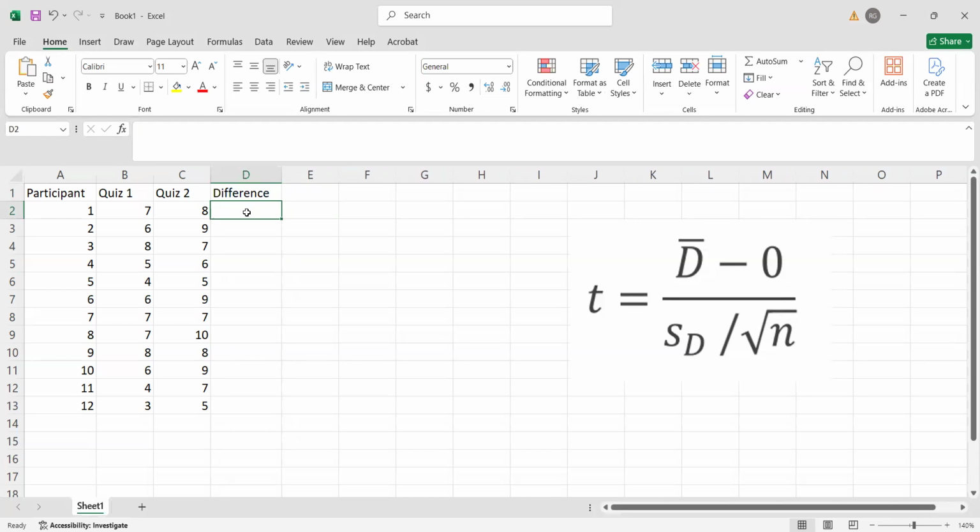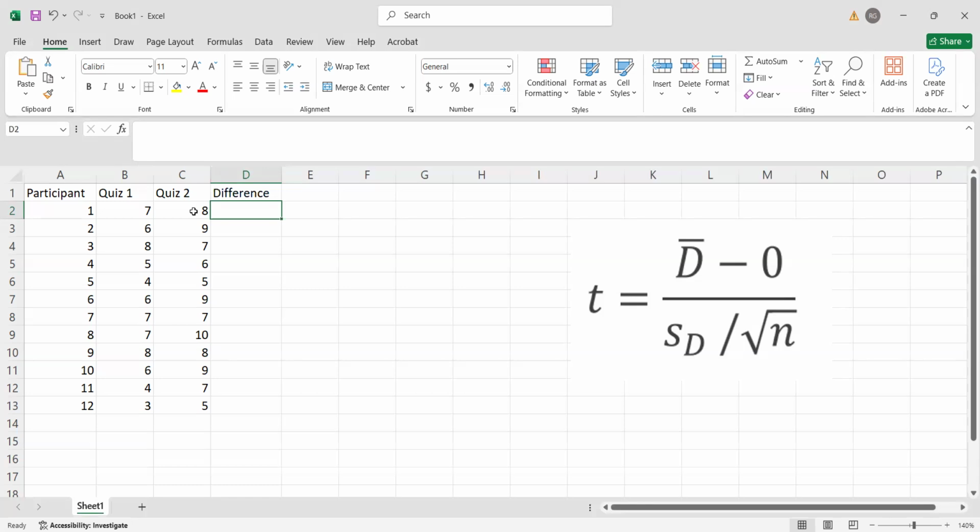If the hypothesis is that Mozart music actually increases the quiz scores on average, you probably want to take the post-manipulation scores, quiz two, minus quiz one, because if in fact the Mozart music improves quiz grades, you'd expect a positive difference because the scores after will be higher than the scores before.